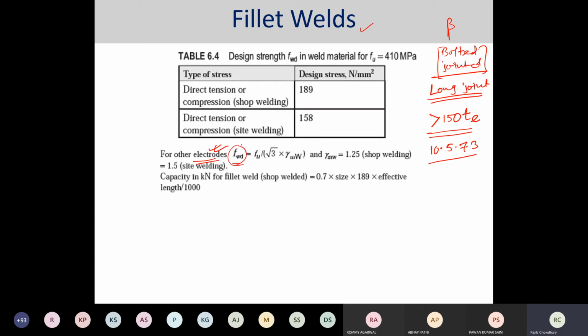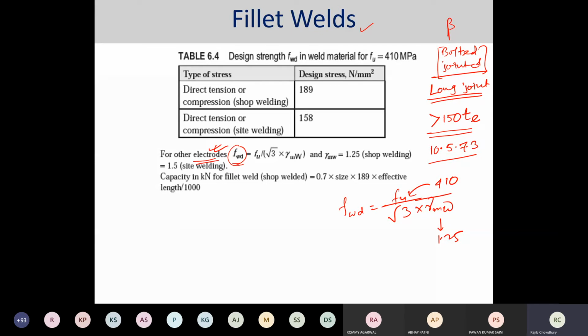The design strength, we have already seen the formula: Fu by square root of 3 times gamma MW. Now Fu is 410 here, and gamma MW is 1.25 if it is shop welding, and 1.5 if it is site welding. Depending on that, you can find out the design stress.